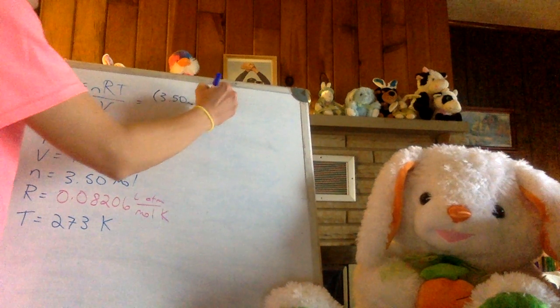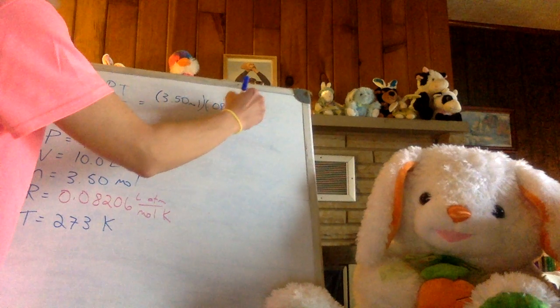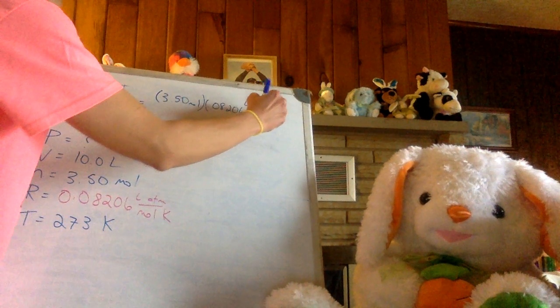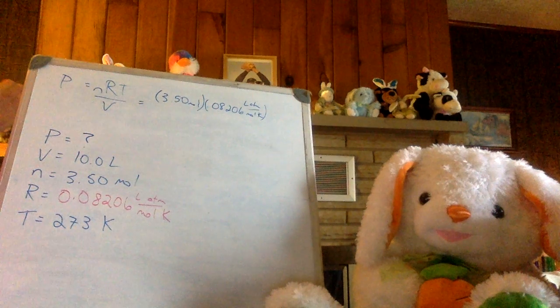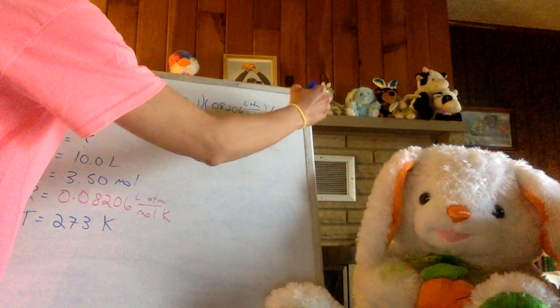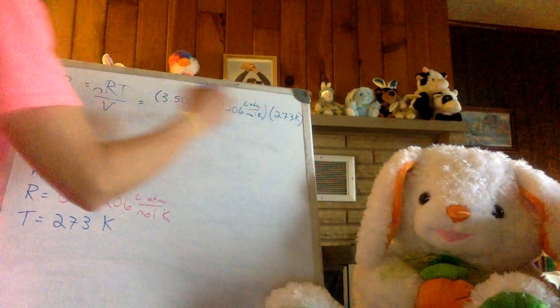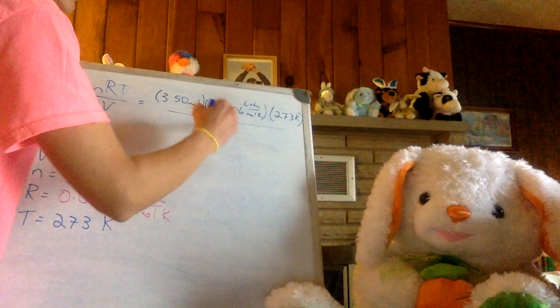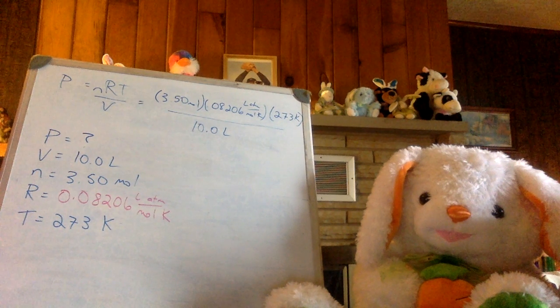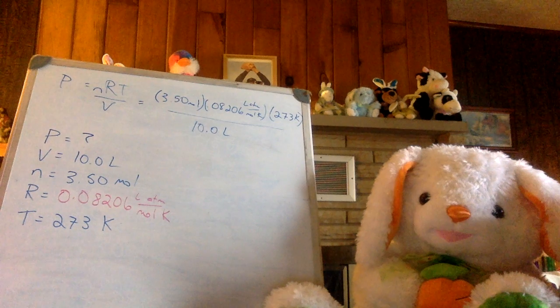Got a little small. 0.08206 liter atmosphere per mole Kelvin for my R, temperature already nicely in Kelvin, 273, divided by my 10 liter volume. Should set you up. All we're doing is plugging in variables. Even though we might be solving for different variables on different problems, it works the same way.